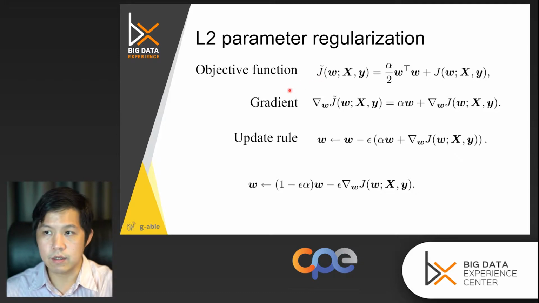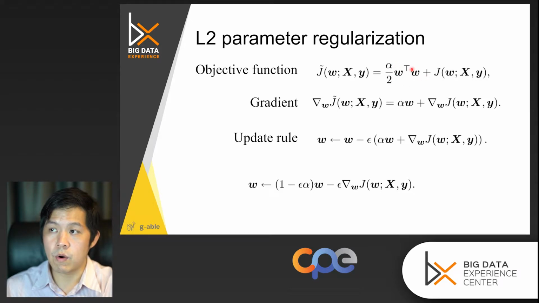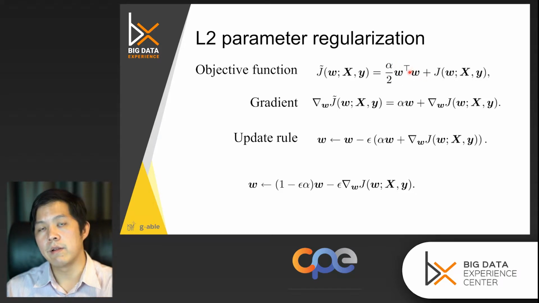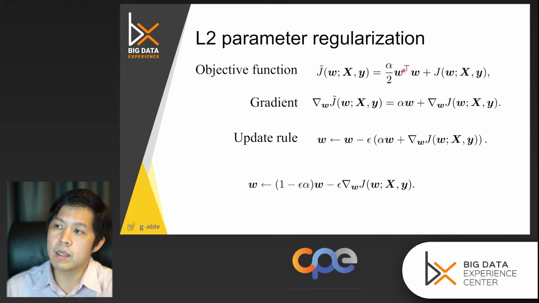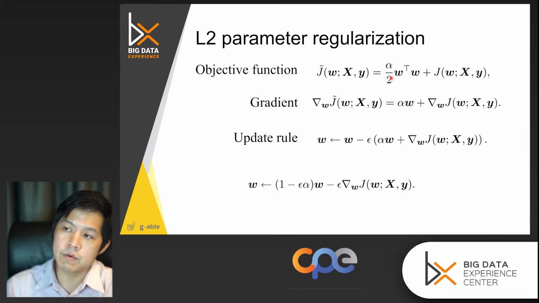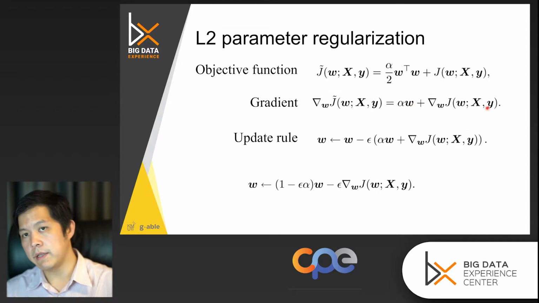If we take the gradient with respect to W, think of this as W squared. The square would pull the 2 down to cancel with the one half, and you get only alpha W. This is the gradient. What does it mean?